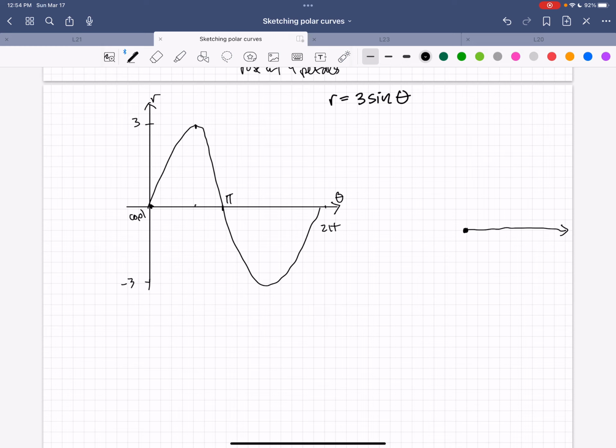This high point happens when theta is pi over 2. And so that corresponds to the point 3, pi over 2. And so that means we've got a radius of 3 at the angle pi over 2. So I'm going to do the same thing again where I trace out these circles showing the different radii, because I actually think that's helpful.